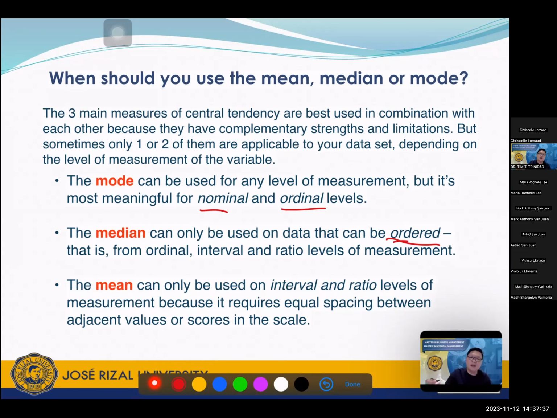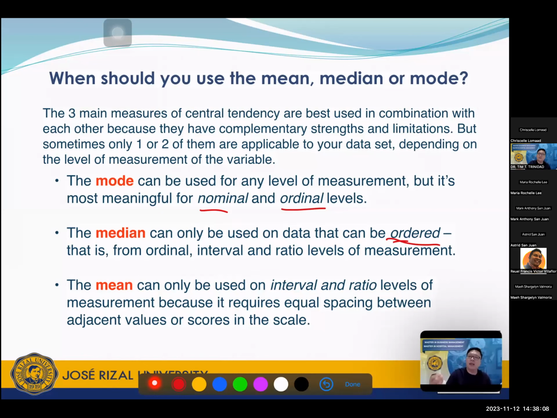If your data are nominal, it can be best described using the mode. If it is ordered, in terms of ordinal, interval, or ratio scale, it can be best described using the median. Your mean can only be used with interval and ratio levels, like for example, when you're reporting about temperatures, hemoglobin levels, or weight.